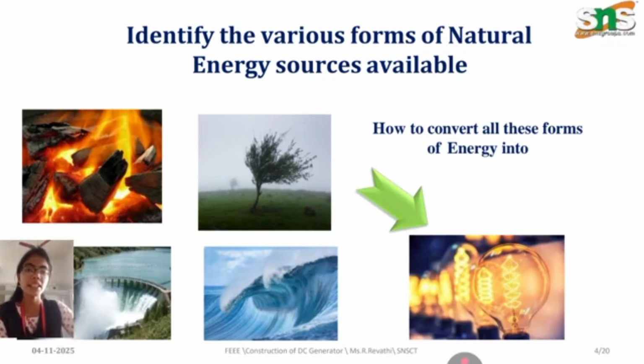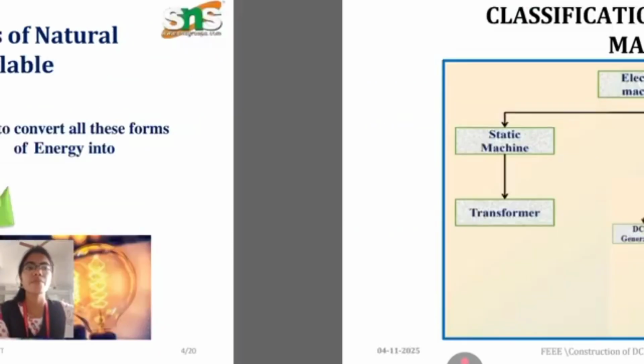When mechanical energy is converted into electrical energy, the device acts as a generator. In another form, one type of electrical energy is converted into another form of electrical energy, and that works as a transformer. The natural energies available are wind, tide, and force, among others.